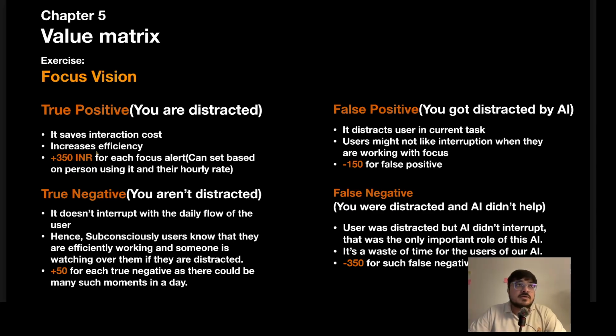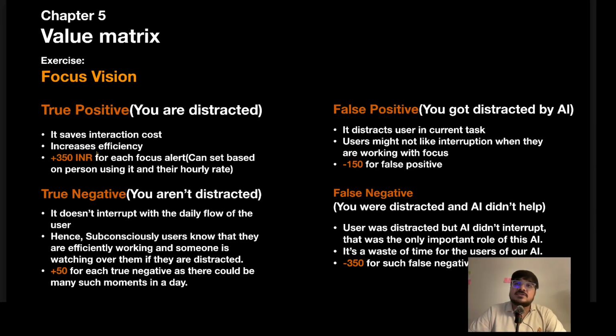Your heart rate might be up and you are working, you are focused, but that might be because you are giving an exam, or you are in another tense situation. Or maybe you just did some exercise. So the AI can understand that you just came from the gym, that's why your heart rate is still up.